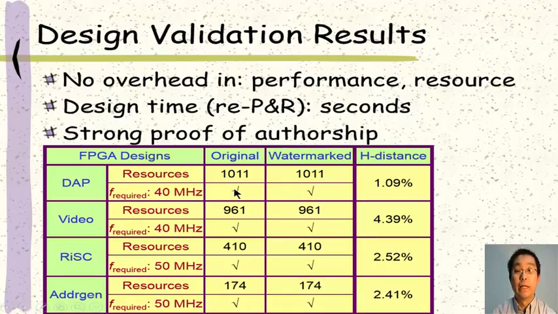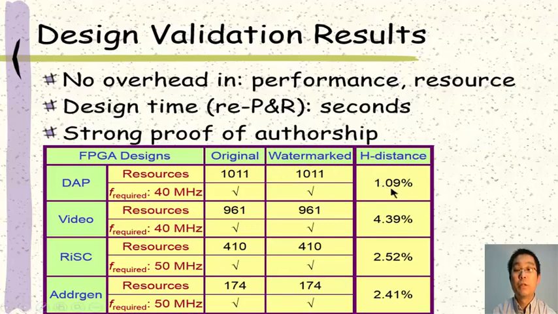There's again no overhead. And finally, we mentioned that there's a design time overhead to do the place and route again and again. And in all these cases, the time to do that is in seconds. Finally, we want to show that this gives us a very strong proof of authorship. And this is measured by the Hamming distance of the configuration bitstream file of the original one and the watermark design.